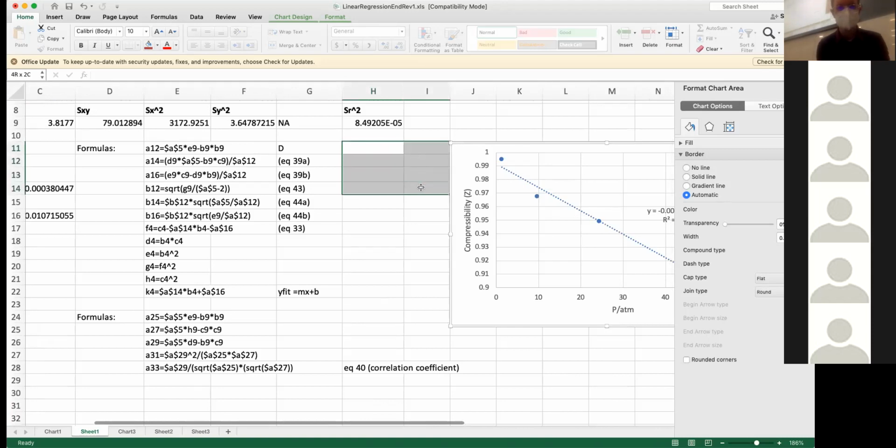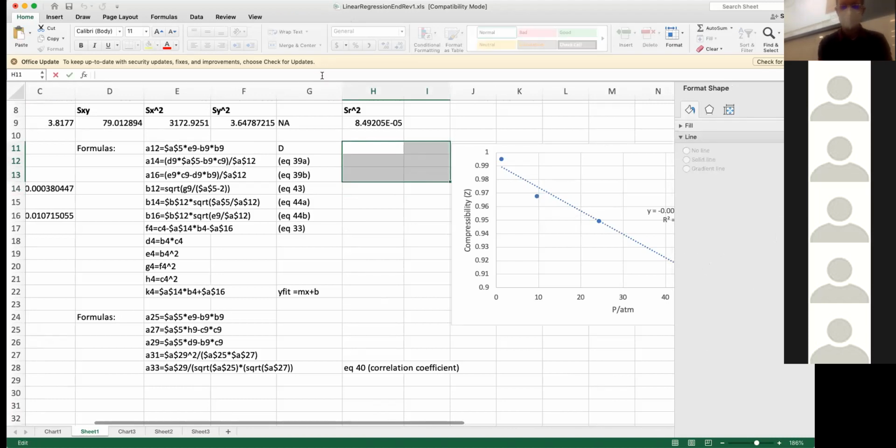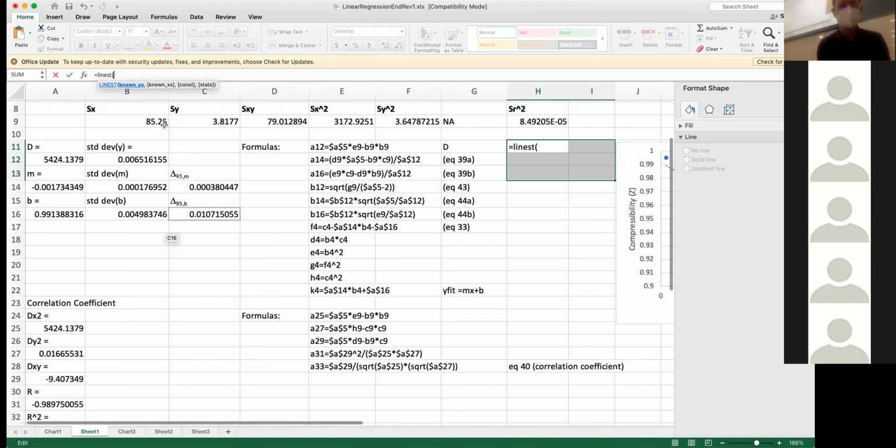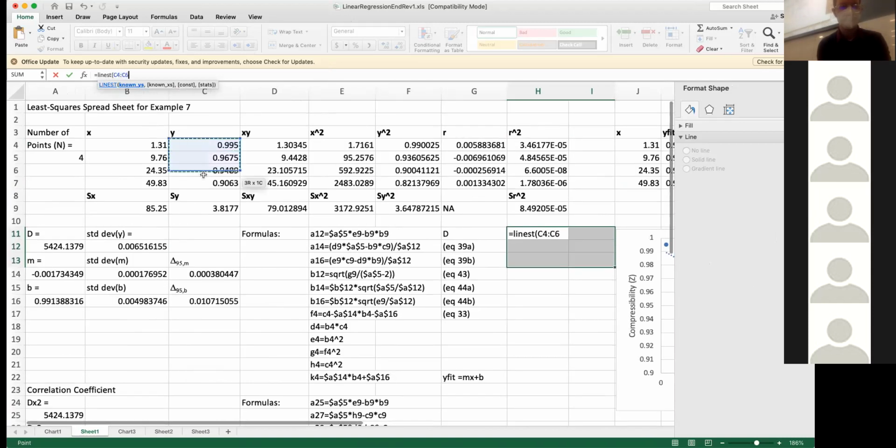So basically the way I have to do this is select a range of cells. Then I hit equals LINEST. And then it helps you out. It tells you what it wants. So first it wants the known y's. So I'm going to select the y values that we're using, then the known x's.